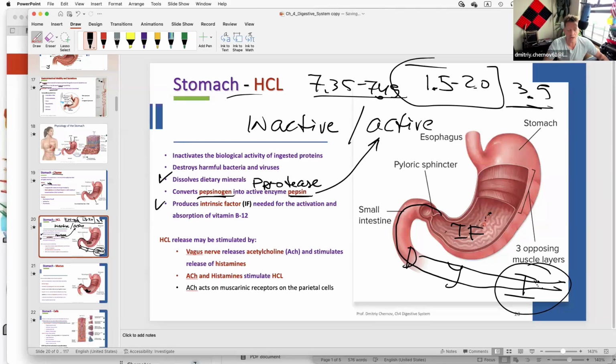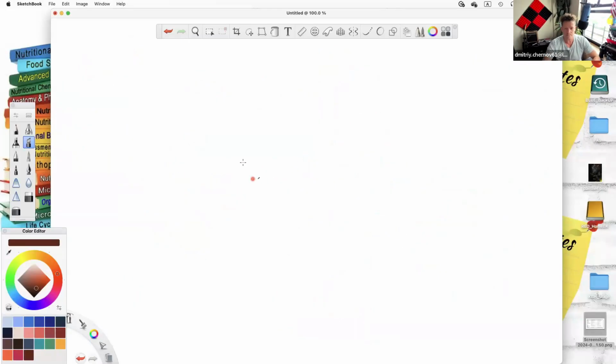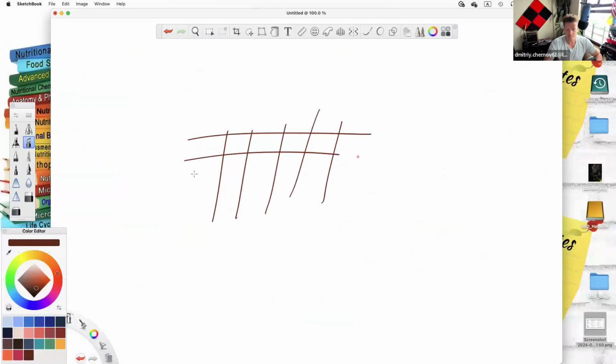Because the stomach has to still cooperate and release the normal amount of hydrochloric acid to digest vegetables, not to digest, to extract nutrients. It could be minerals, carbohydrates, proteins, fats.